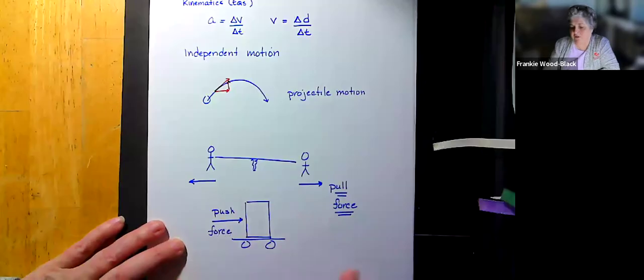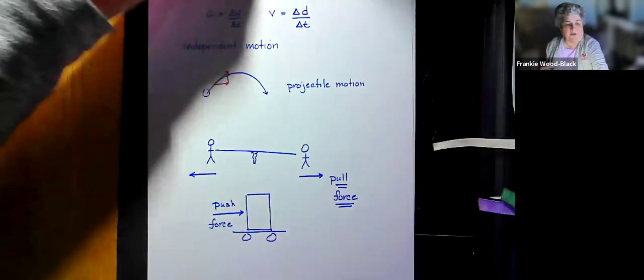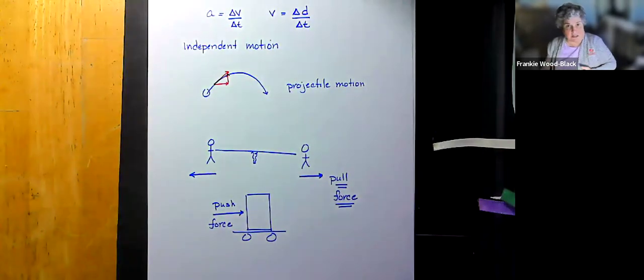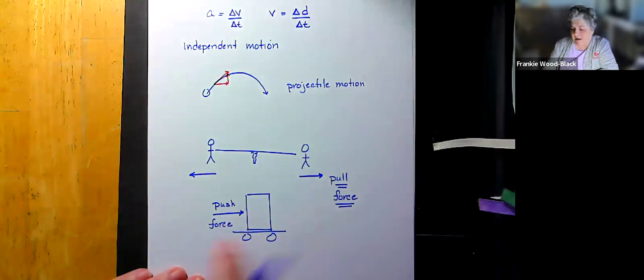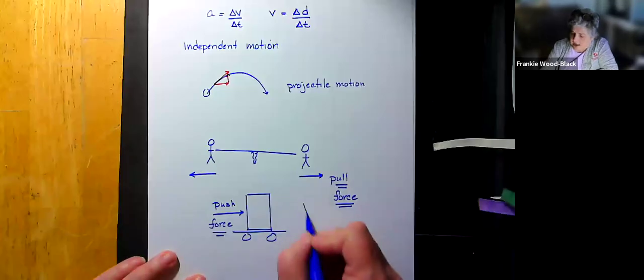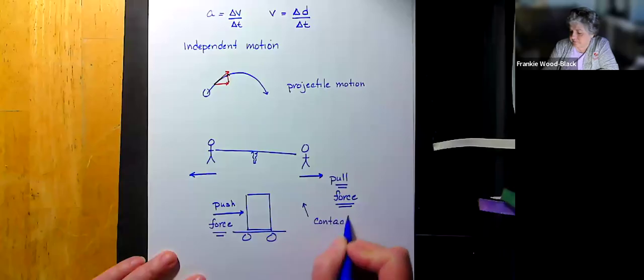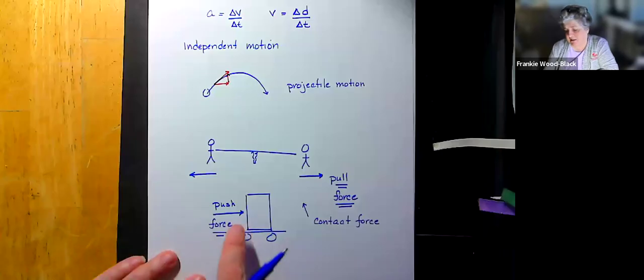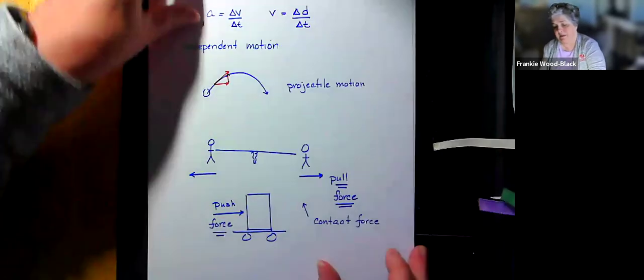So if I'm looking at a simple explanation for what a force is, I know that force is related to a push or a pull. And these we're going to actually call contact forces. I'm physically in contact with the rope, or I'm physically in contact with the object that's there.